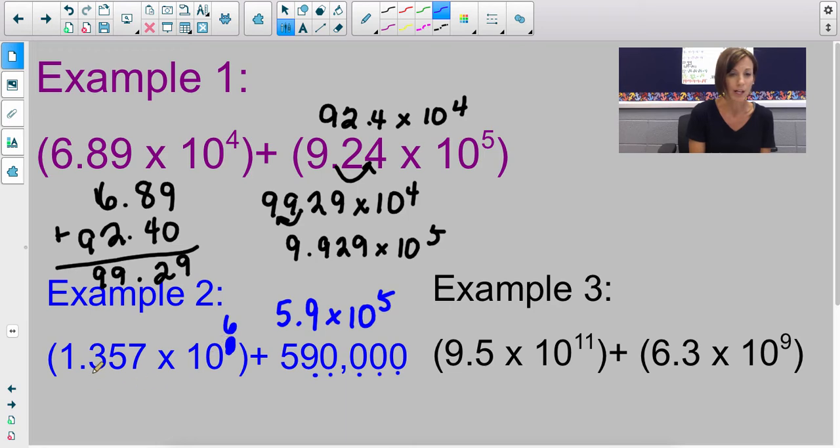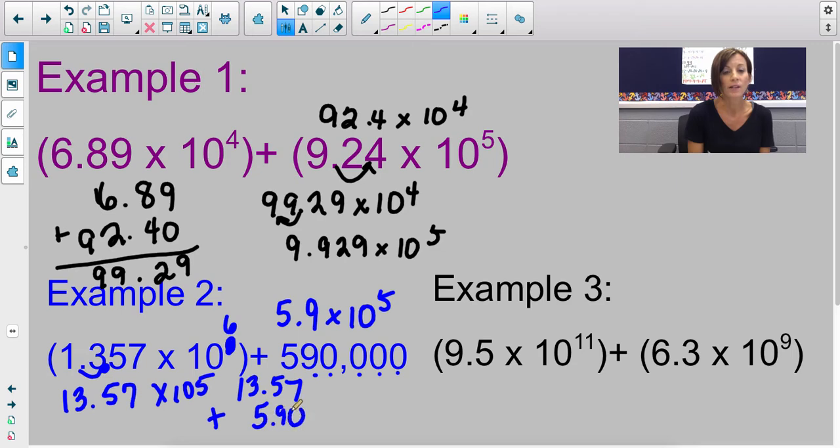So let's change this one to 13.57 times 10 to the 5th power. Then I can add. So 13.57 plus 5.90, aligning my decimal places, adding the sum. 8, 9, 1.